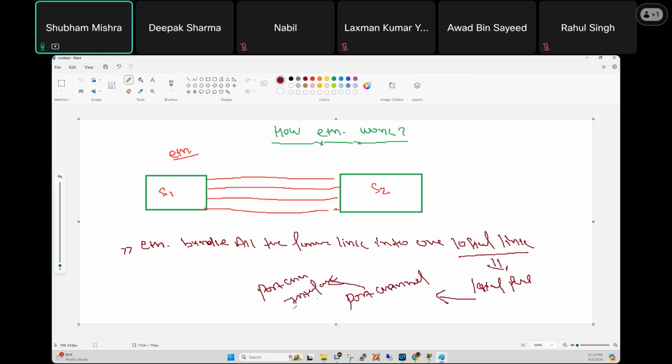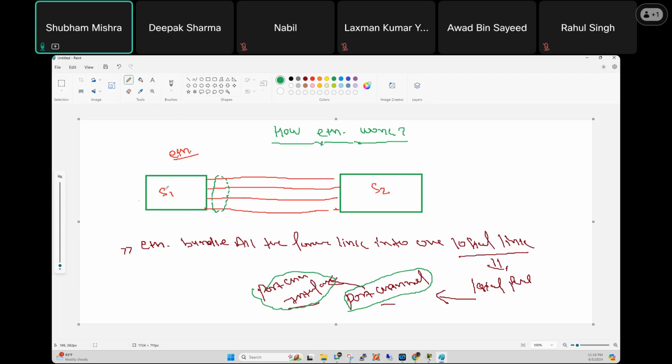So what I write here: when we configure EtherChannel on switch number 1, EtherChannel will bundle all the four links and convert them into one logical link that is called a port channel, or port channel interface.